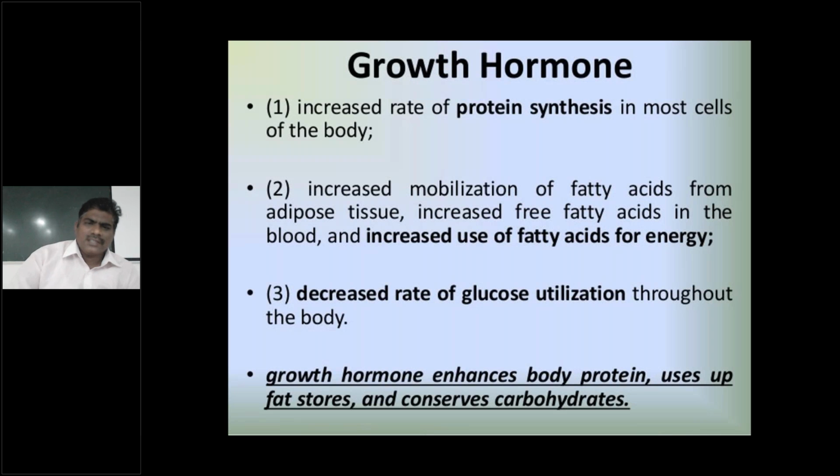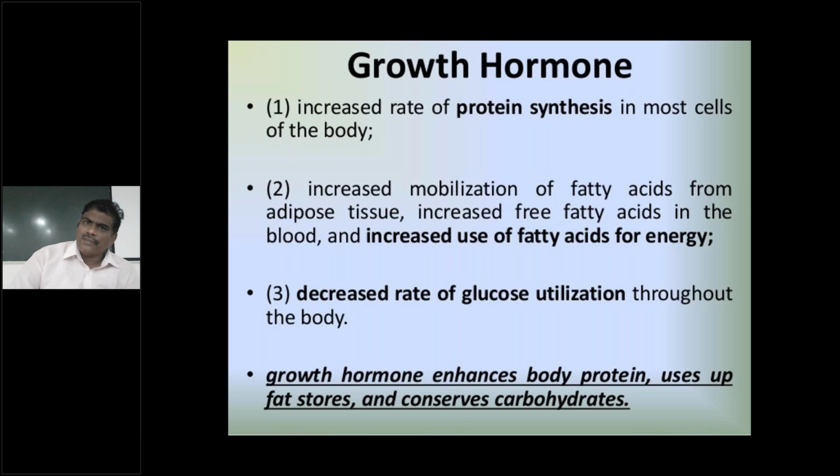And another role, because these are all repeated points: increase the protein biosynthesis in most of the cells of the body, increase the mobilization of fatty acids from the adipose tissue, and decrease the rate of glucose utilization throughout the body. So overall, the growth hormone enhances the body protein, uses up the fat stores and conserves the carbohydrates.